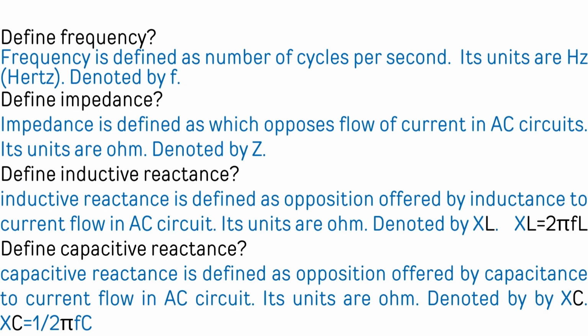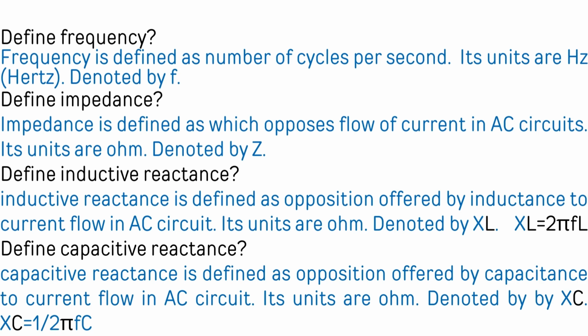Define frequency. Frequency is defined as the number of cycles per second. Its unit is hertz and it is denoted by F. Define impedance. Impedance is that which opposes the flow of current in AC circuits.